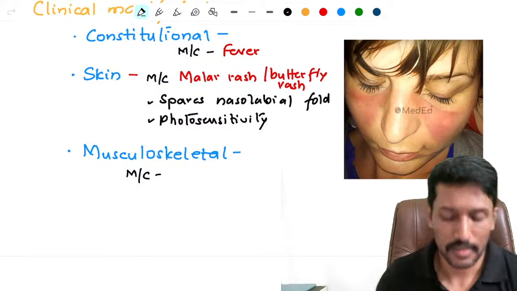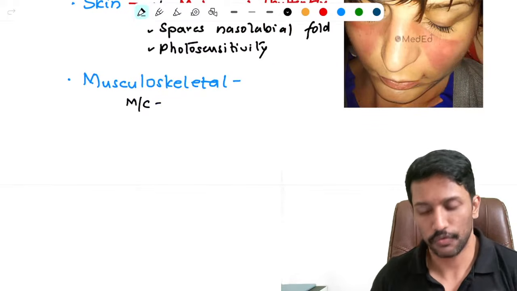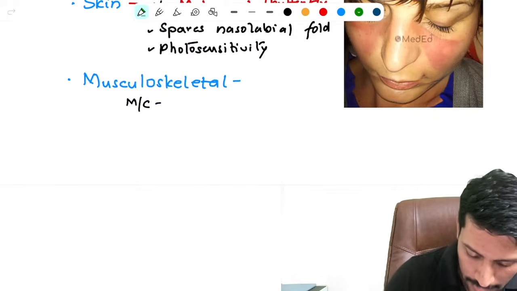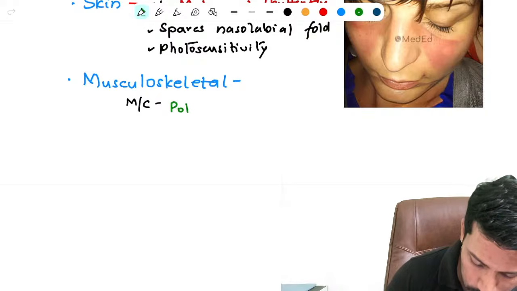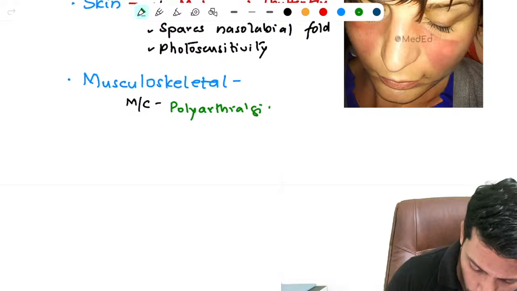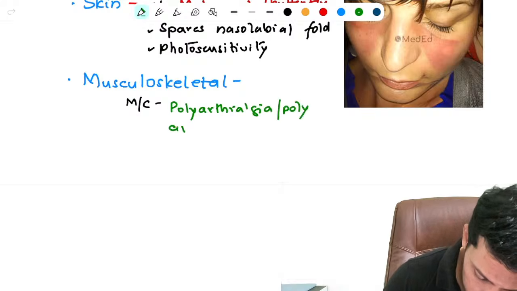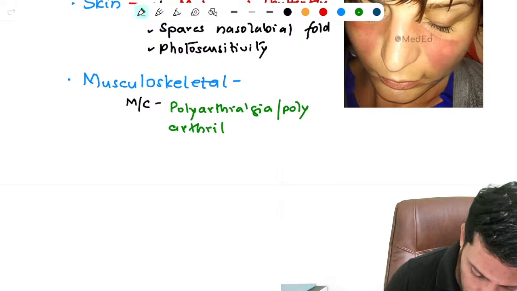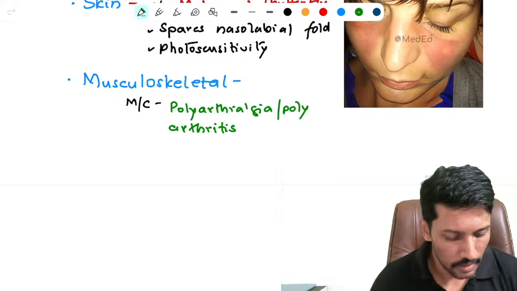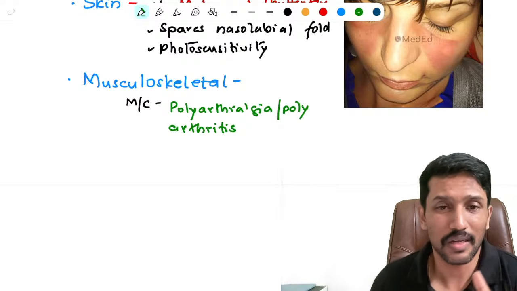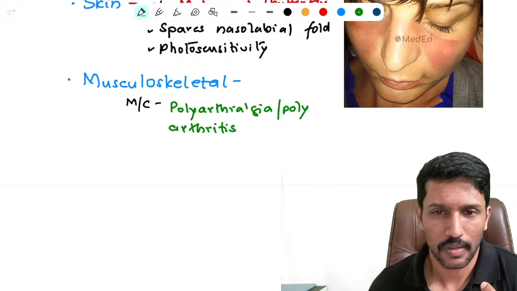Then the musculoskeletal system also gets inflamed because of immune complex deposition, and it causes polyarthralgia or polyarthritis. What is the difference between arthralgia and arthritis? In arthralgia, the patient is merely complaining of pain.